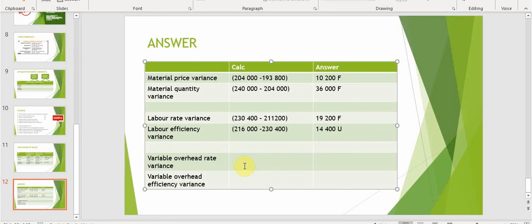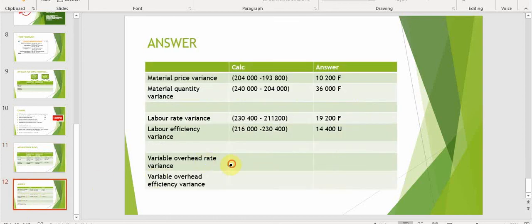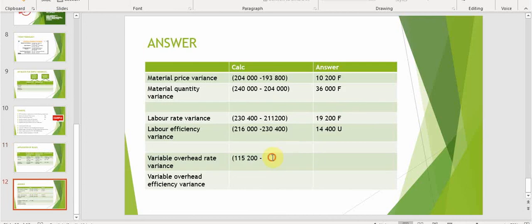We're going to repeat the process for the variable overhead. We are looking for a rate variance, a monetary difference. So it's going to be the difference between the third and the fourth one. So it's 115,200. I'm going to minus from that the 134,400.